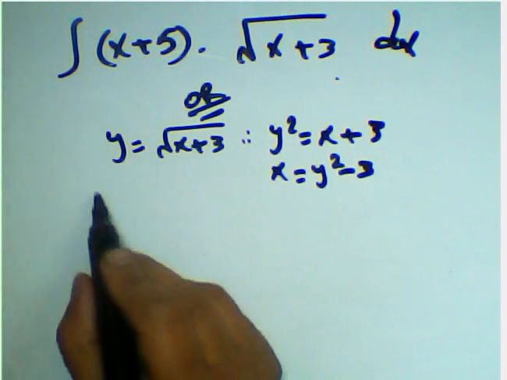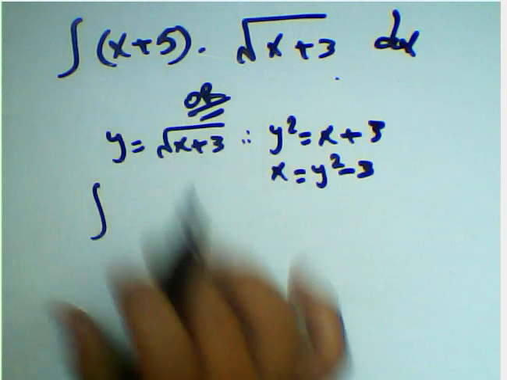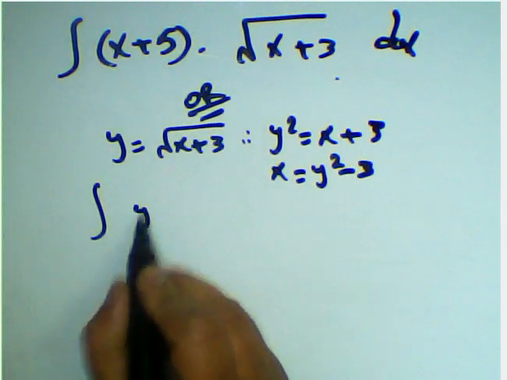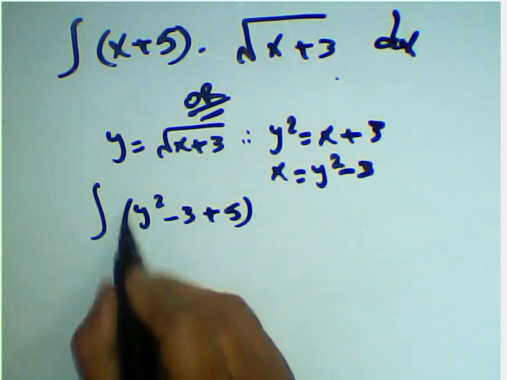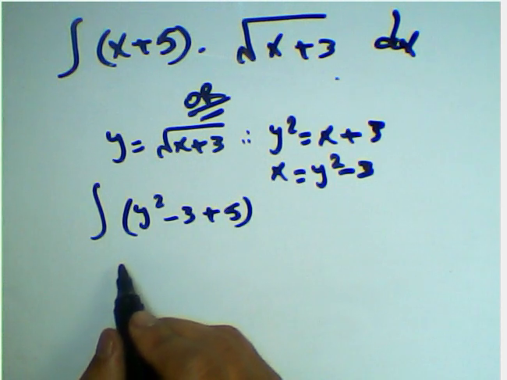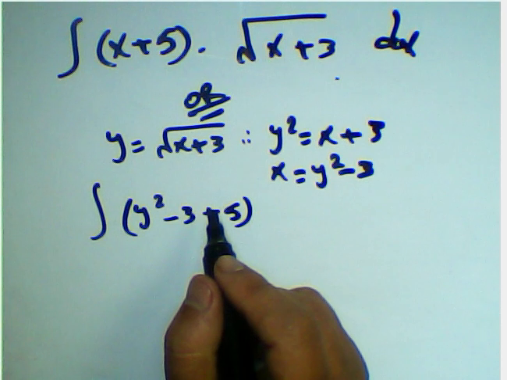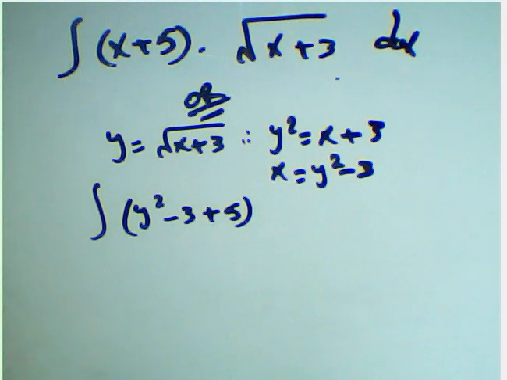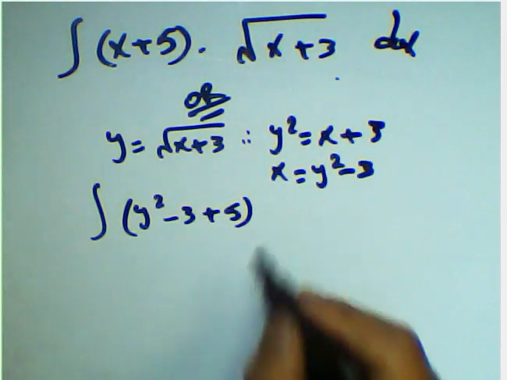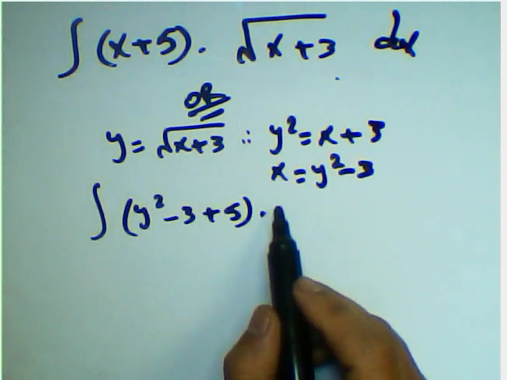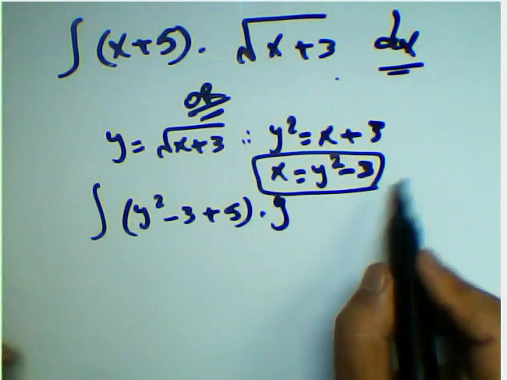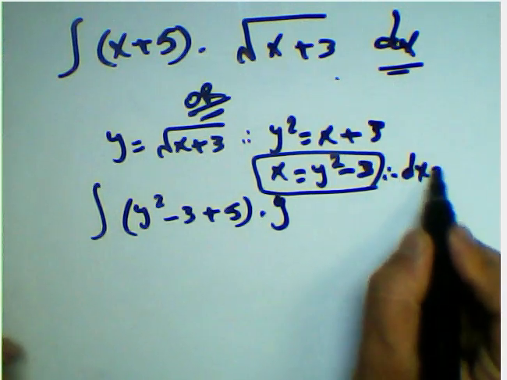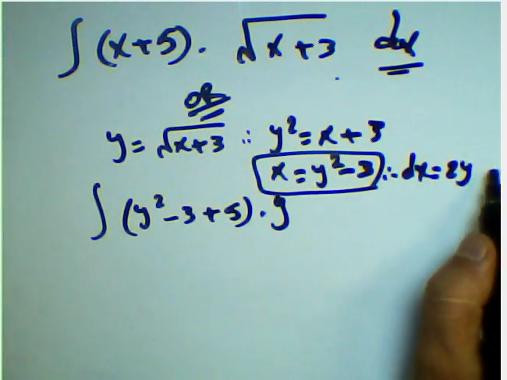Going to the function, write x plus 5: x here will be y power 2 minus 3 plus 5, multiplied by y. Then we can find the derivative: dx equals 2y dy.